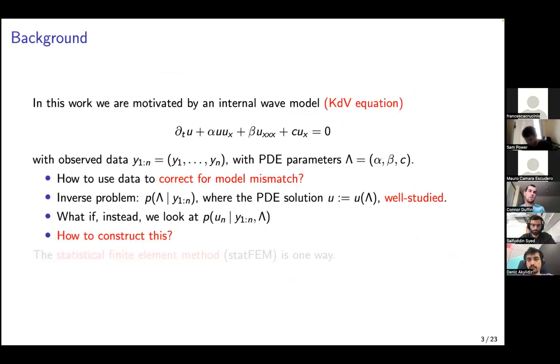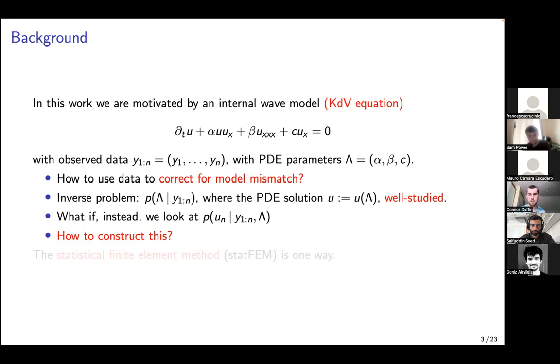So the motivation behind this work was that Ed and Thomas had previously worked with some oceanographers on using KDV equation types of models to model internal waves in various settings in oceanography, back home off the northwest coast of Western Australia.